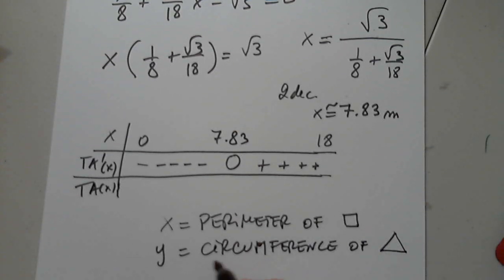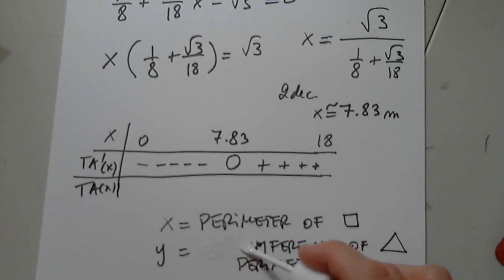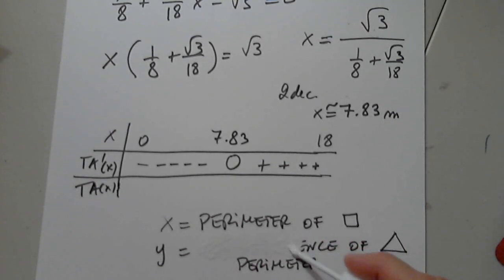Sorry, the perimeter of the triangle. Okay, so let's see what happens. For some reason, for a second, I thought that the other one was a circle, but it's not a circle.